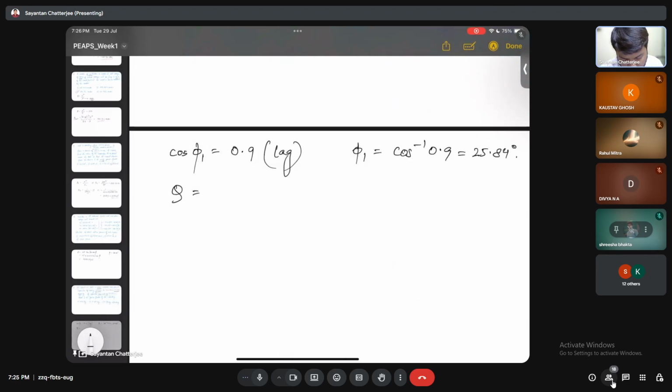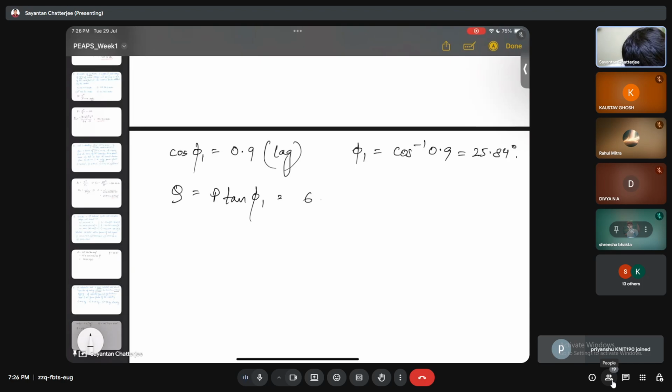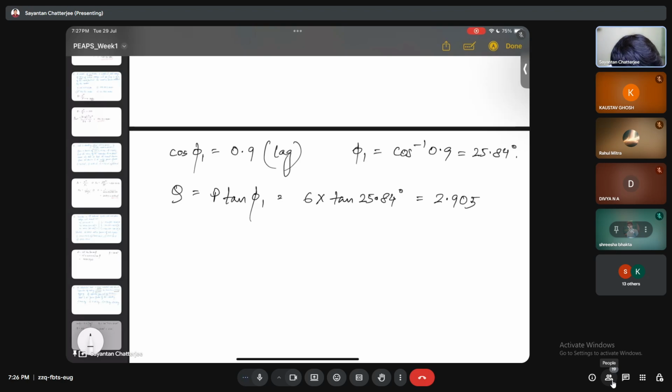So P is given as 6 and tan of 25.84. So directly we can calculate Q. The answer is 2.91, 2.905 is the value.